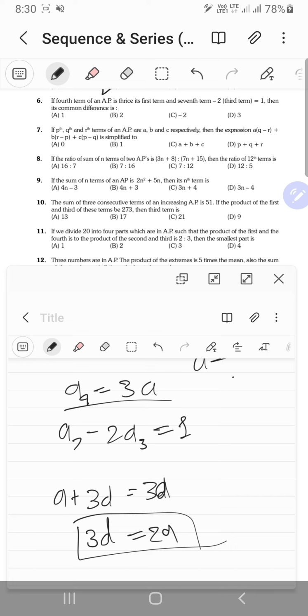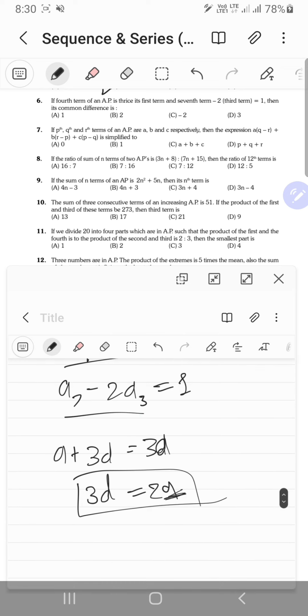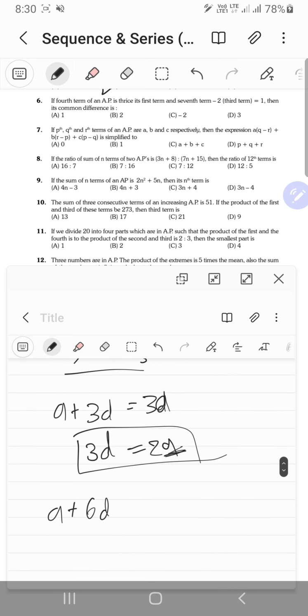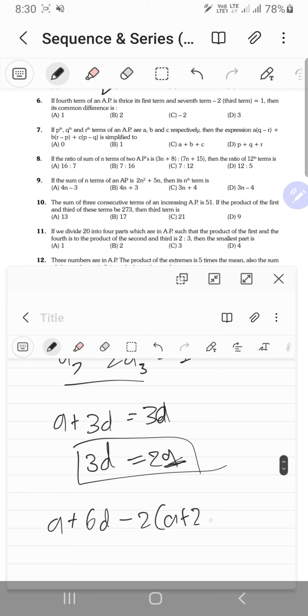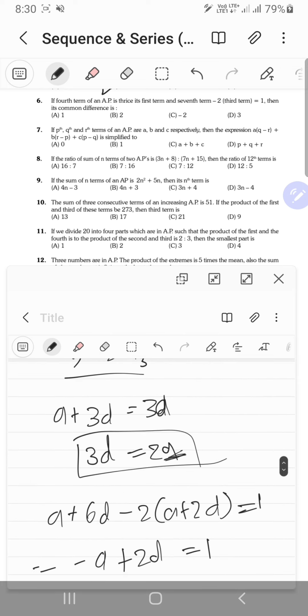We just need to find what d is, so I will put a as 3d upon 2. So in here it's a plus 6d. Wait, did I do it correctly? I think yes. Minus 2 times a plus 2d equals 1, which is negative a plus 2d equals 1.